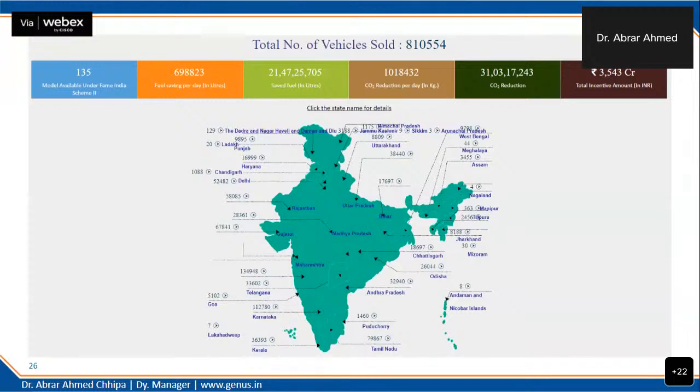Fuel saving per day is approximately 6 million liters, and we have approximately 214 million liters of fuel saved, and CO2 reduction of 101 million kg per day, and a total CO2 reduction of 310 million kgs, and total incentive of 3,543 crores. In this map you can see the different states and the number of electric vehicles registered.